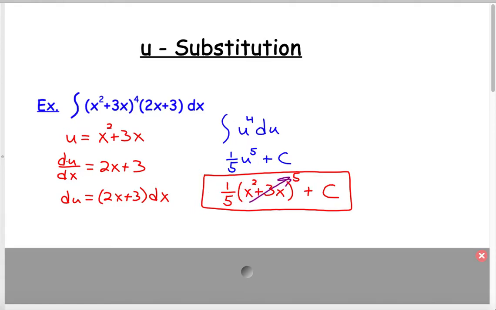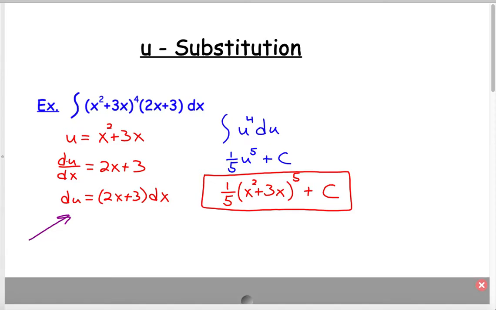You lower that by 1, it becomes x squared plus 3x to the fourth, and then times the chain rule is going to be 2x plus 3, and that's where this came from. So seeing this 2x plus 3 as the derivative of this function here may have allowed you to come up with this answer right off the bat. But if not, this U-substitution is a nice technique to get that for you.